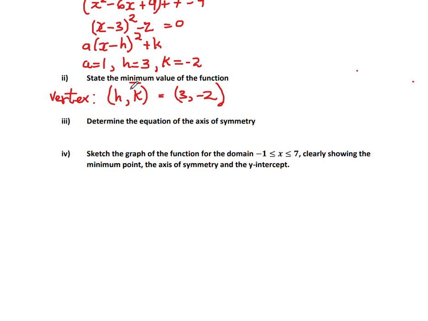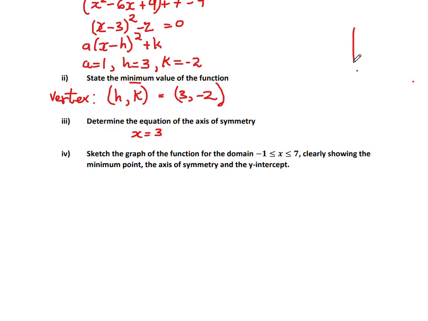So remember, the coordinates of the minimum point is (h, k), which is (3, -2). So it means that the equation for the axis of symmetry will be x equals 3. Because the value of h, which is 3, is always the axis of symmetry.